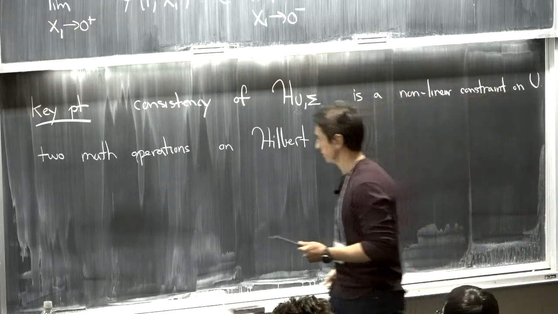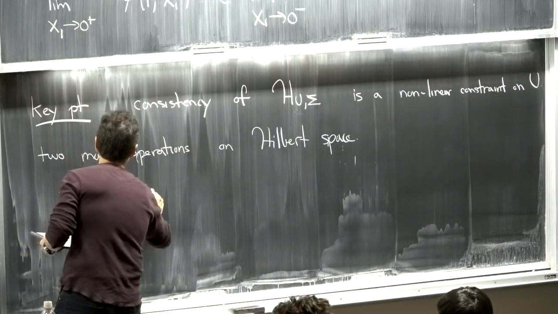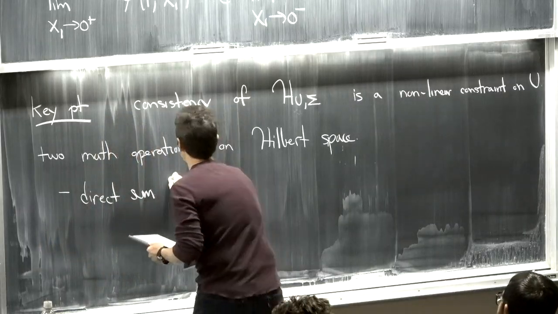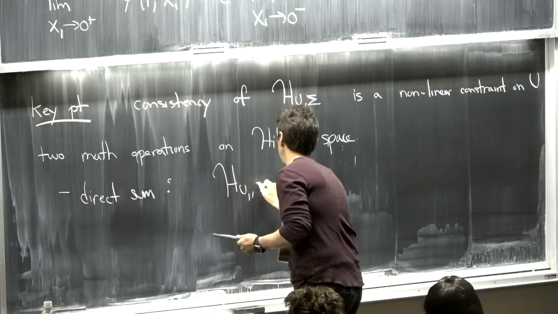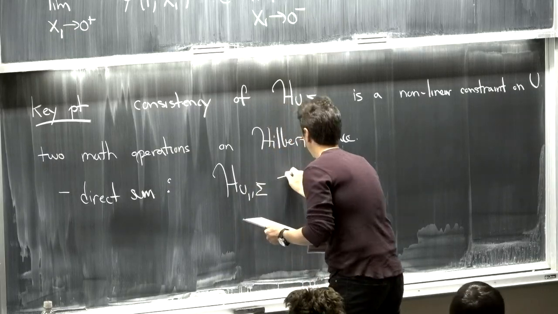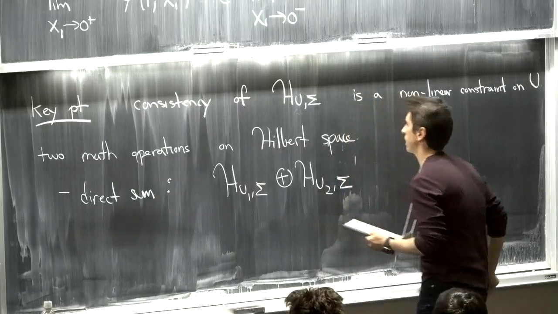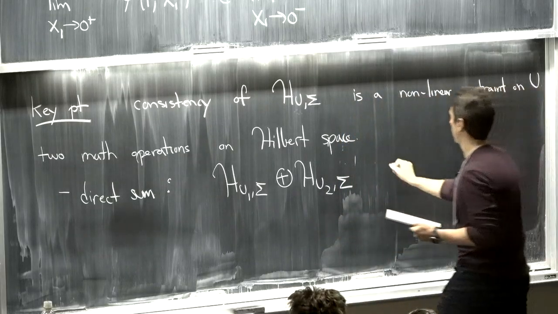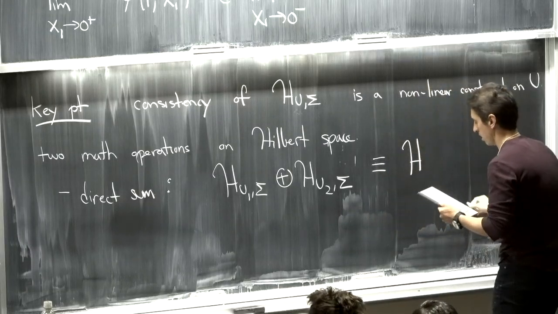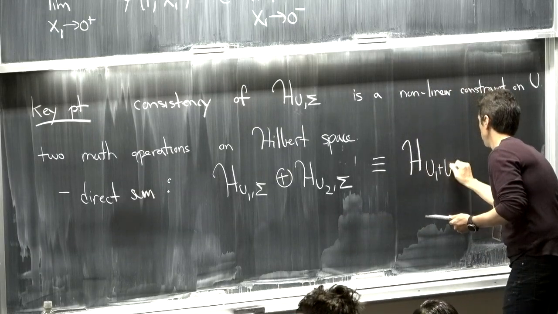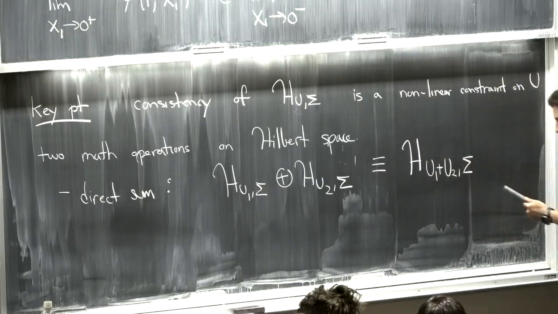So the first is direct sum. A Hilbert space is a vector space, so given H U1 sigma and H U2 sigma, I can take their direct sum. And I will define this to be the Hilbert space associated with the defect U1 plus U2 on sigma.